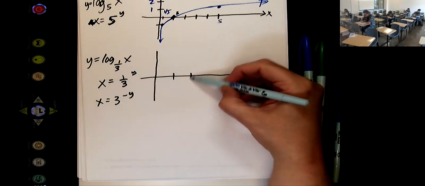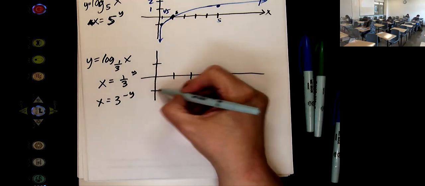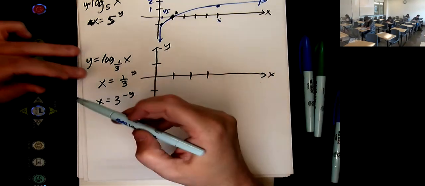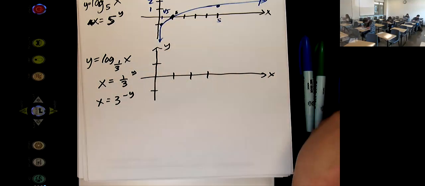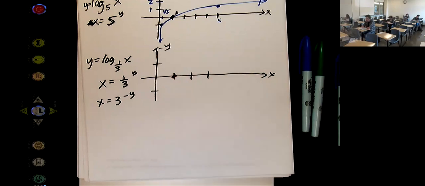So we'll have some action at 3. Again, crosses at 1, 0 every time.